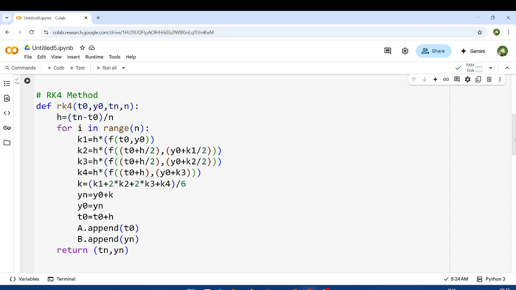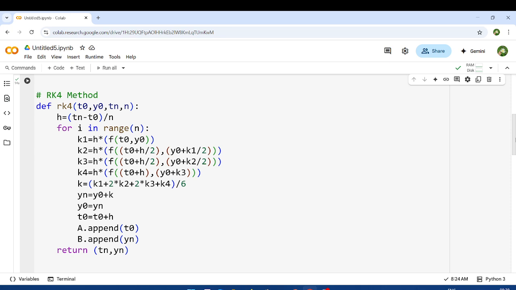Here I have written h equals tn minus t0 divided by n, and then I have written a for loop, for i in range n: k1 is equal to h star f of t0 comma y0, and k2 is equal to h star f of t0 plus h by 2 comma y0 plus k1 divided by 2, and k3 is h star f of t0 plus h divided by 2 comma y0 plus k2 divided by 2, and finally k4 is equal to h star f of t0 plus h comma y0 plus k3.